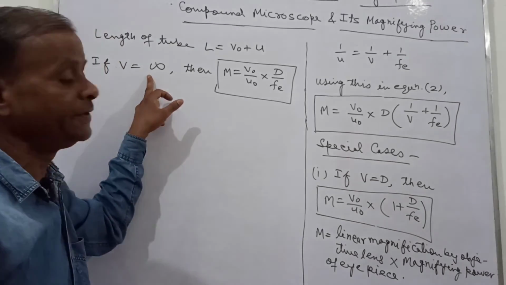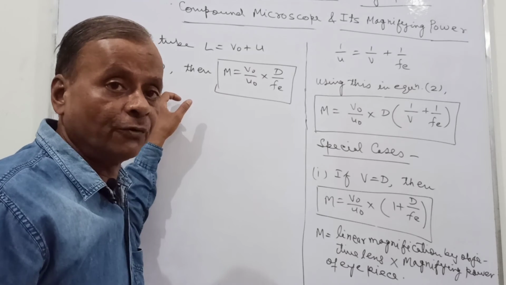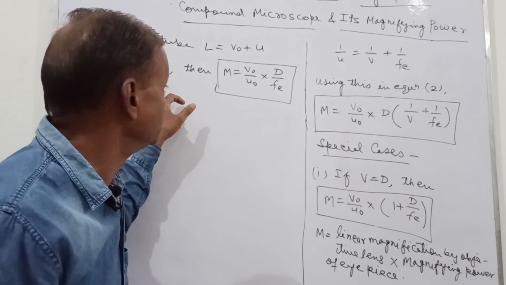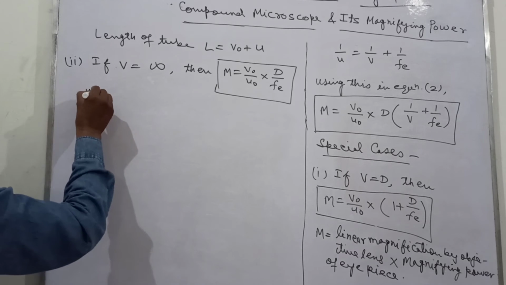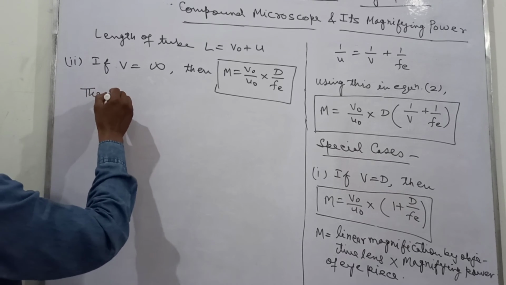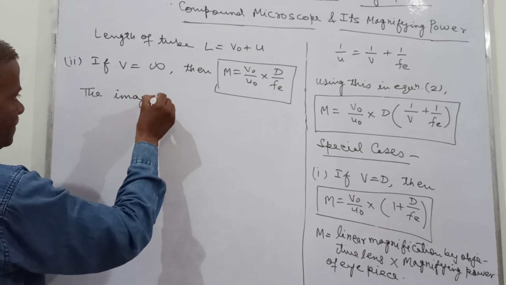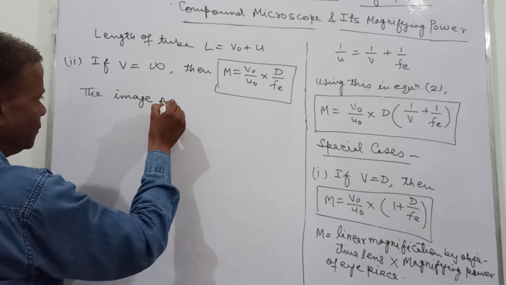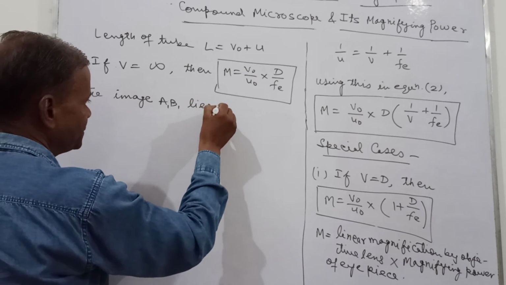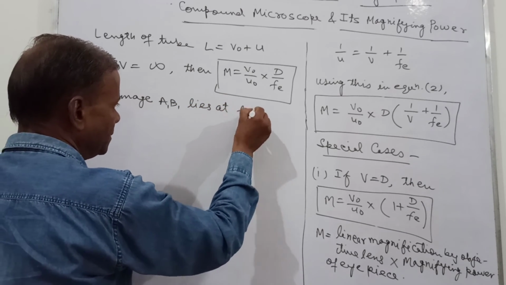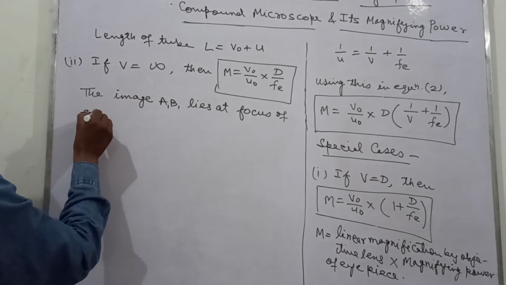When b is equal to infinity, it means that the image A1 B1 lies at the focus of the eyepiece.